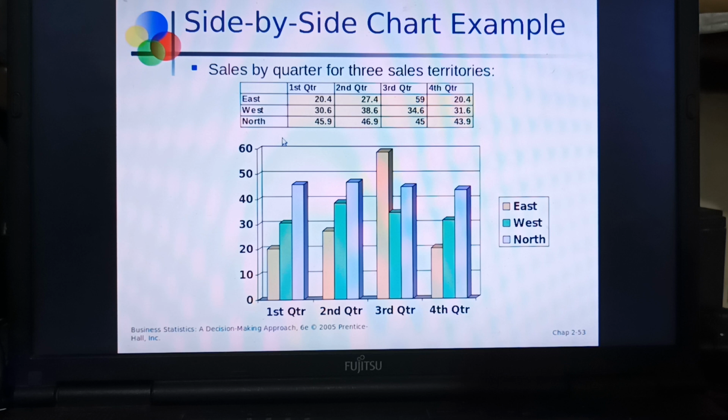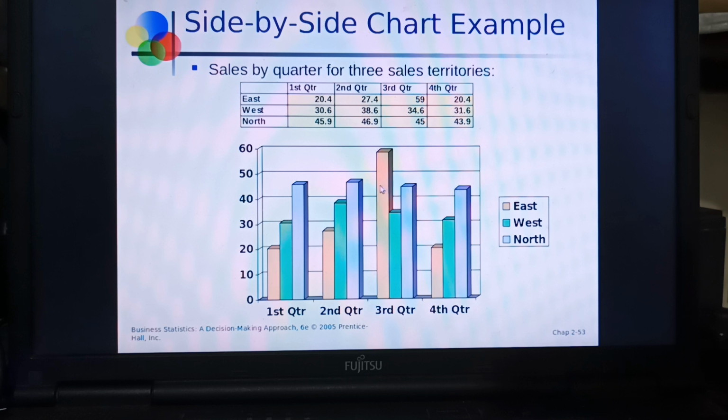So graphing the 4 quarters of data gives us this, in which the East Territory obviously gives the highest, while the North, we can easily tell that it is not really fluctuating much.